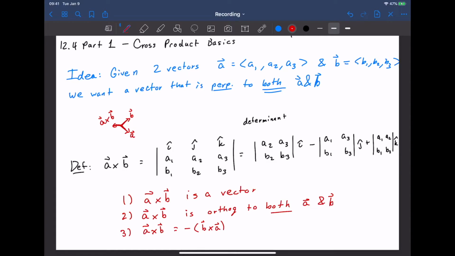Specifically, what I want you to remember from this is that they are not commutative. The order you do this matters, but they are parallel. A cross B is parallel to B cross A because they have the same magnitude, just opposite signs.